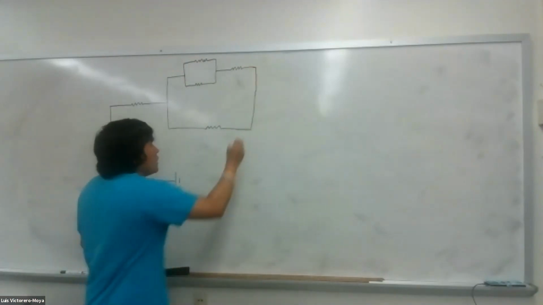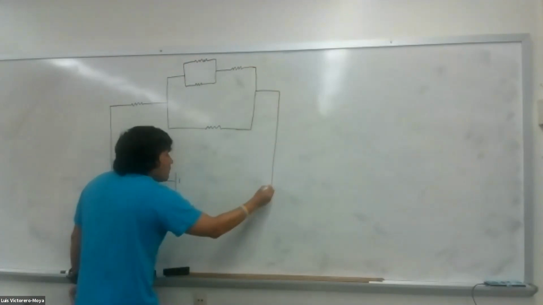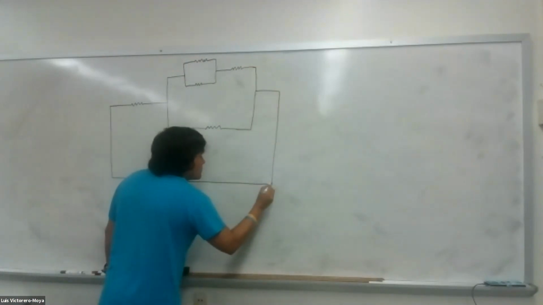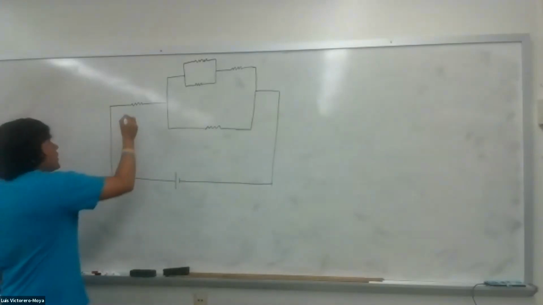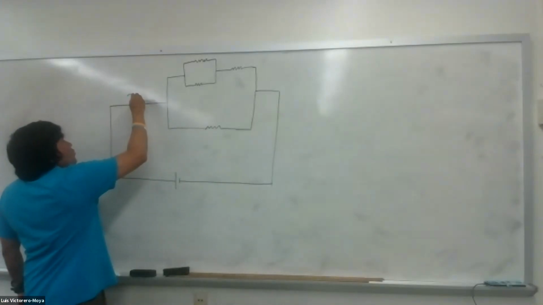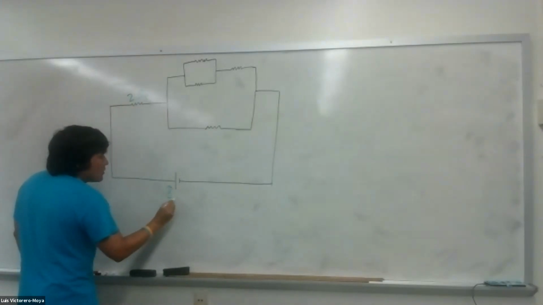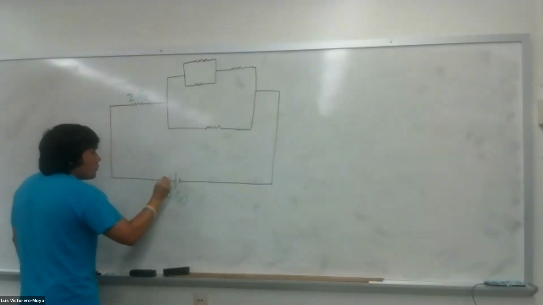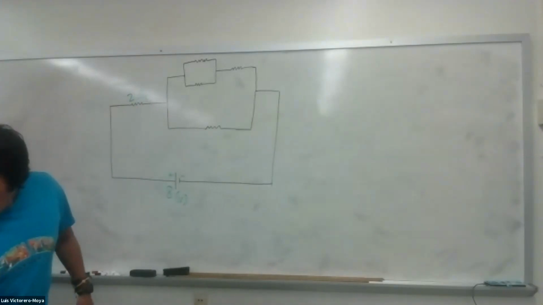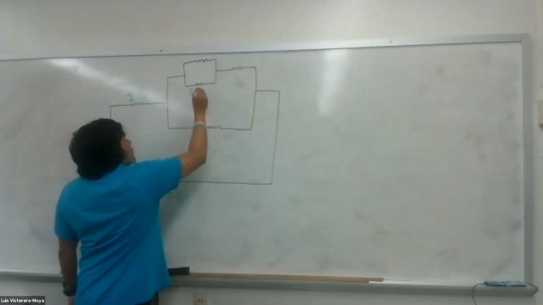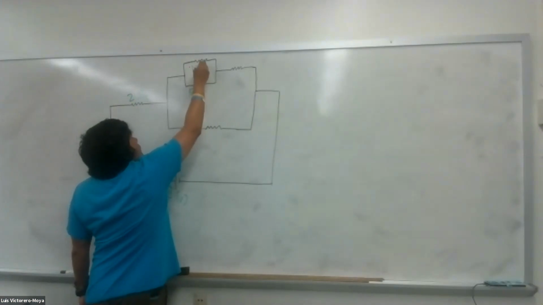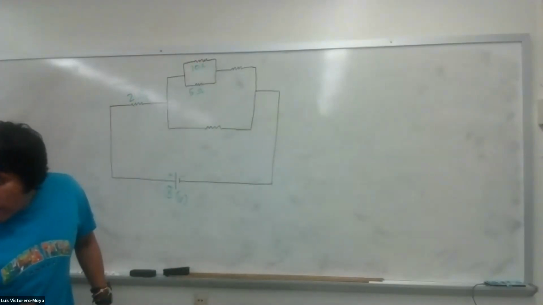And they go all to the battery here. All right, so that one, they have here 2 ohms, 8 volts, positive, negative there. 5 ohms, 10 ohms, so we will probably get fractions in there.